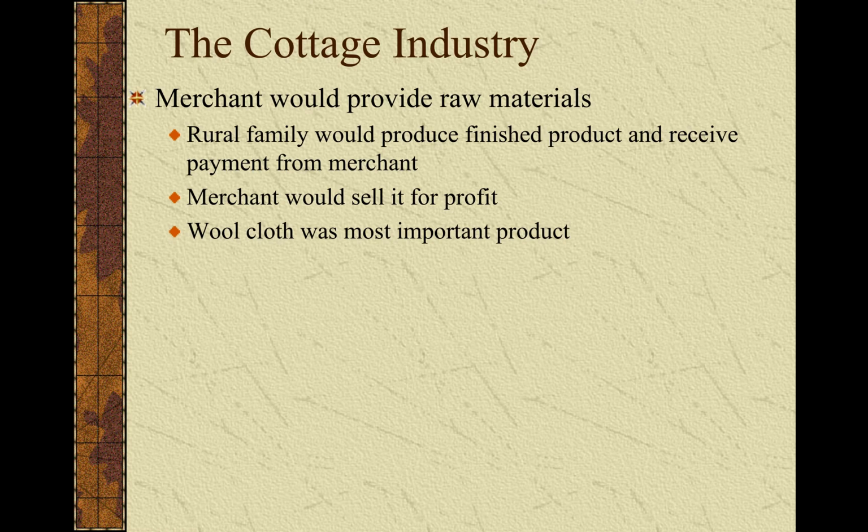The family is then going to spin that raw material into thread, like yarn, and then they're going to weave that thread into a textile, cloth: pants, shirts, coats, you name it. Then the merchant would take that finished product and sell it for a profit.